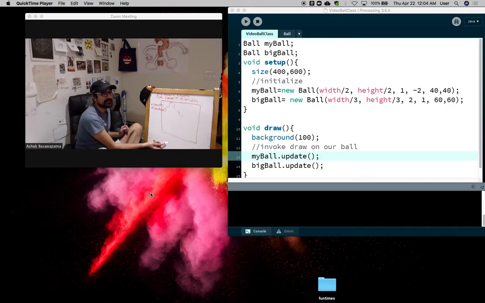If you have a giant screen that takes up the whole wall and you're projecting it, you should be able to make a ball that's giant. So pixel wise, sky's the limit. There might be a cap in Processing. I don't know if there is, but maybe. But it shouldn't be negative.